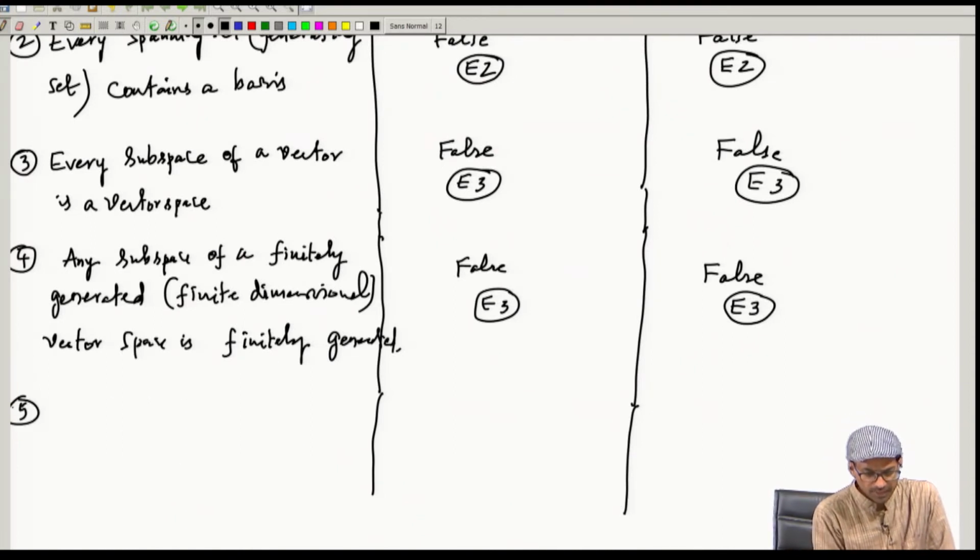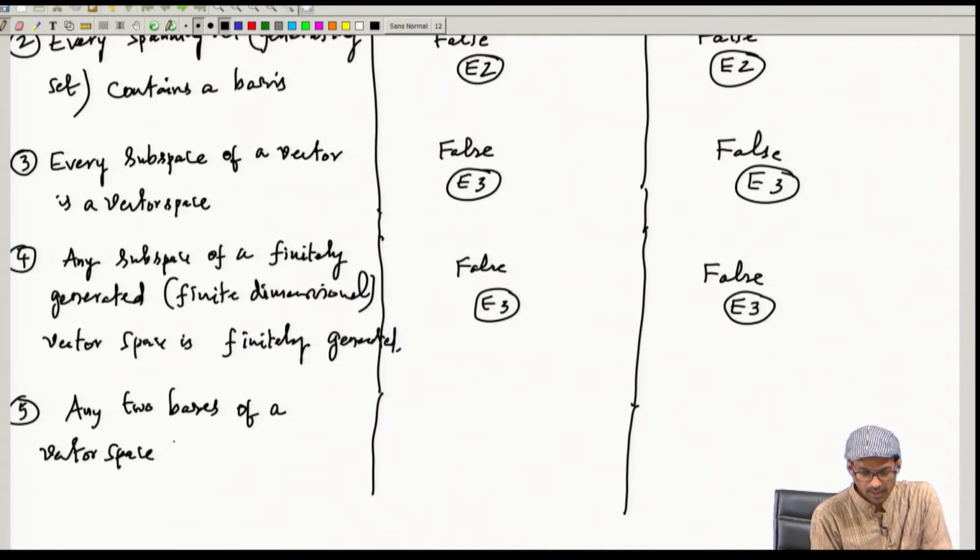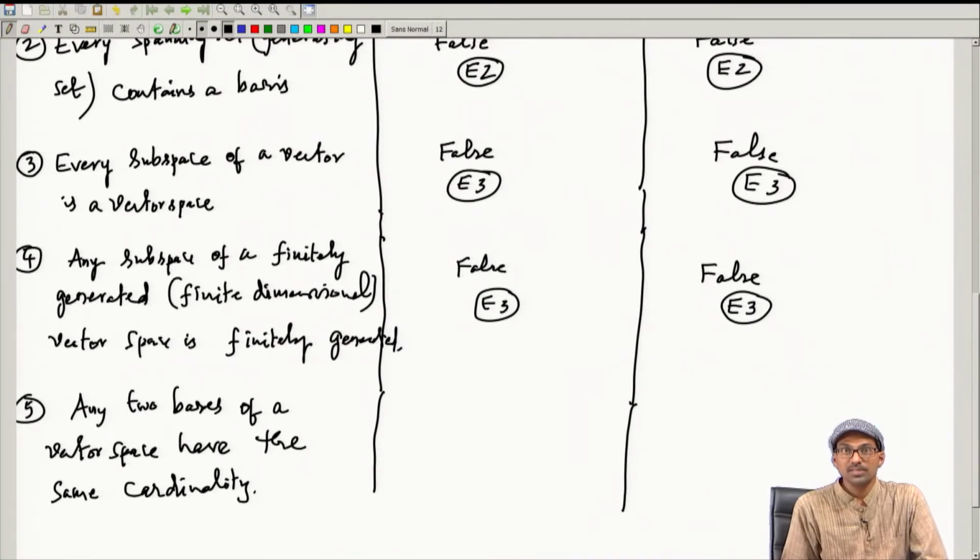And finally: any two bases of a vector space have the same cardinality. But even this is false in the case of free modules over arbitrary rings.